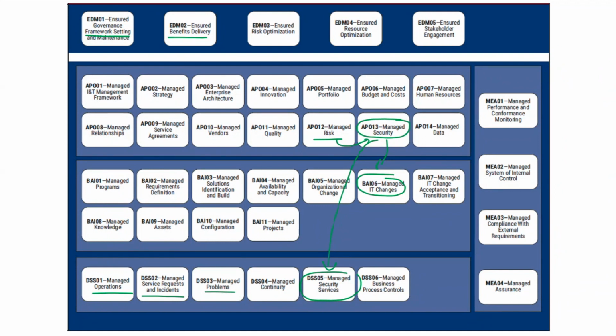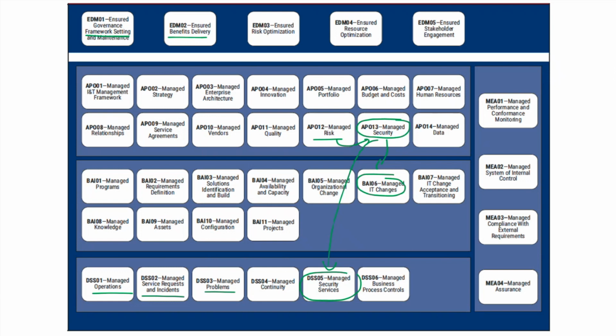Yes. By the way, I also saw BAI 11, manage a project. Yeah. So this element is focused on project implementation, right? Yeah, correct. Specifically project management, project implementation, but always taking into account that what COBIT is trying to achieve is control of project management. So again, BAI 11 is not going to give you an indication on what project management methodology you should use, whether it's Prince2 or PMI or Agile.